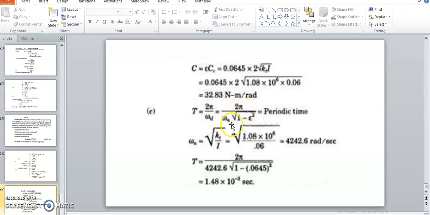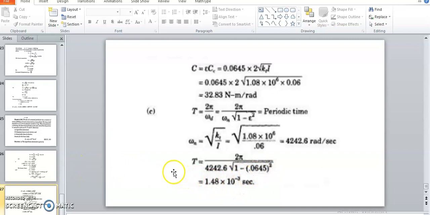Zeta is known to you, omega n is not yet known. In longitudinal vibration omega n is under root k by m. In the torsional case, k is replaced by kt and m is replaced by I. So omega n now becomes square root of kt by I. Kt is given to you, I value is given to you, so you can get omega n. And then you can find t equal to 2 pi by omega d like this.